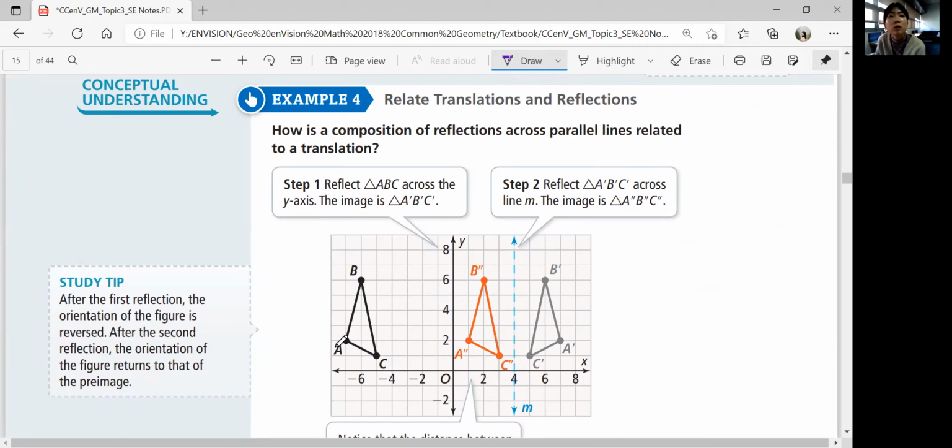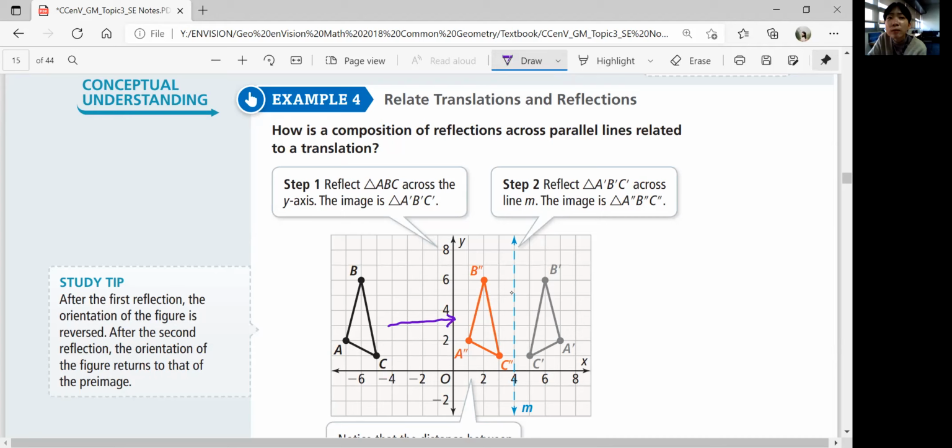First could be a reflection, and then we could have another reflection. If you have two reflections, you might see it as one translation. Do you see that?